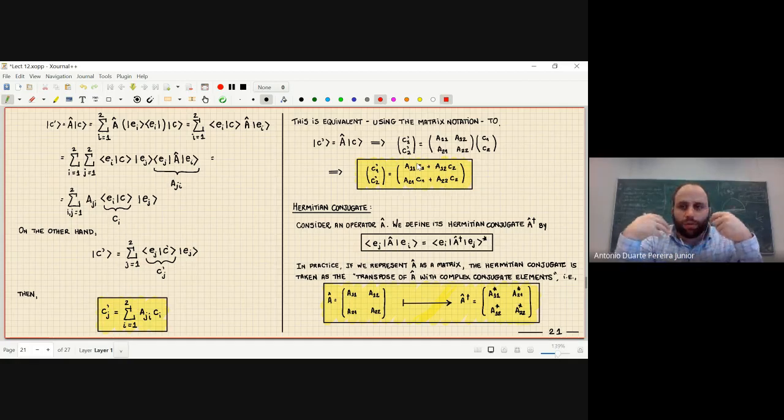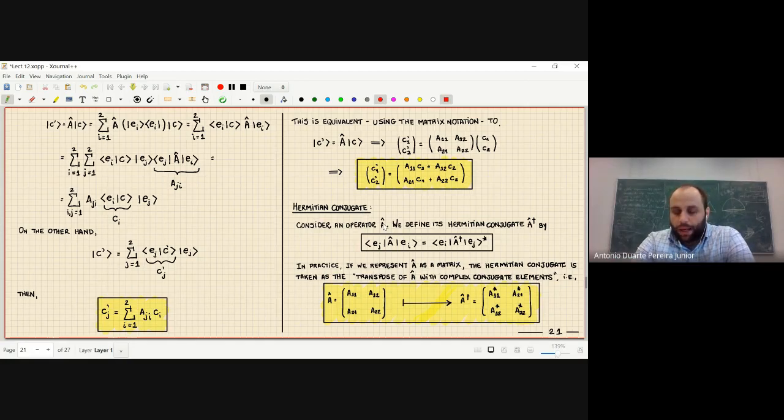And now I will start making the class of operators that I'm interested in more restrictive. There is one particular class of operators called Hermitian operators. But before I define what a Hermitian operator is, I have to introduce the concept of Hermitian conjugate.